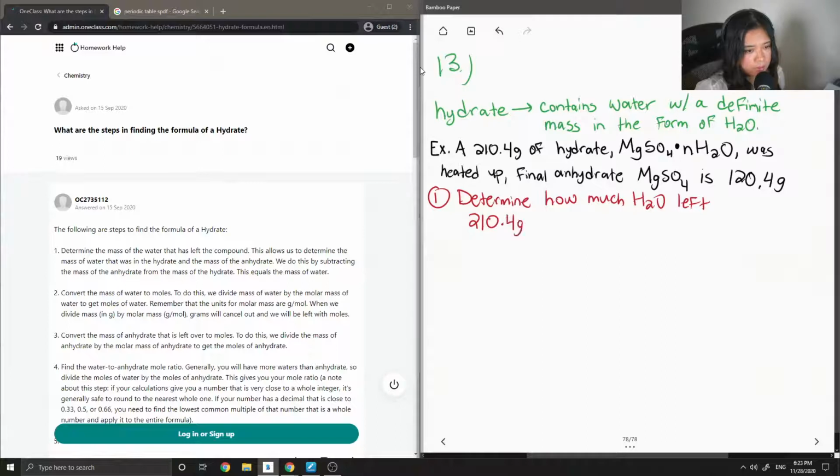So it started with a mass of 210.4 grams. So this is including the water. And then after the water was removed, I'm going to do minus 120.4 grams. You get a mass of water, which is 90 grams.